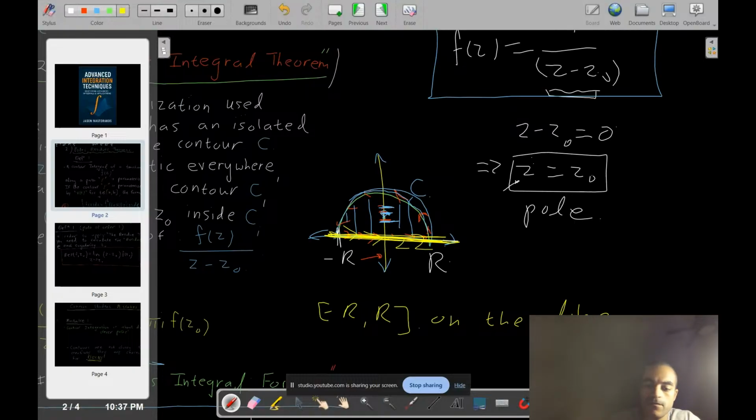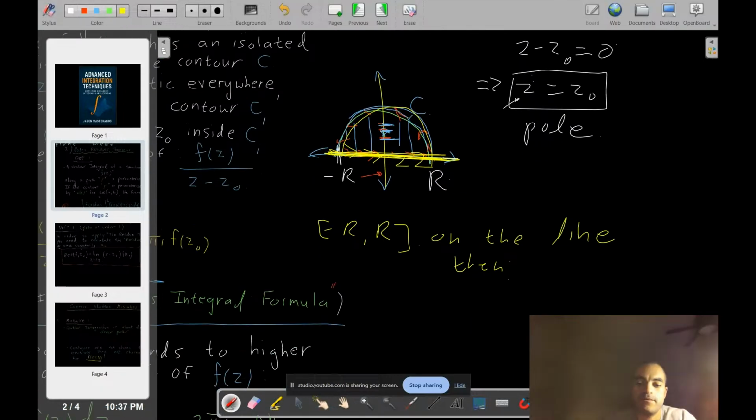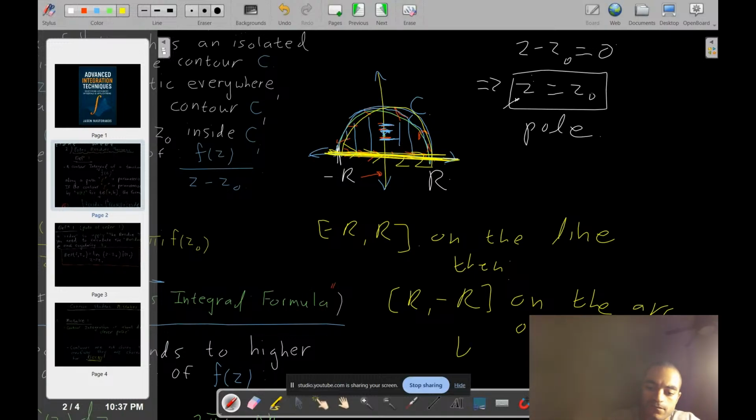Then R to minus R on the arc, the other part of the parameterization. That's how it works for contour integration.